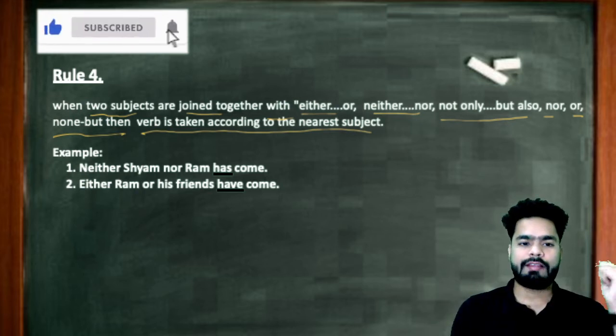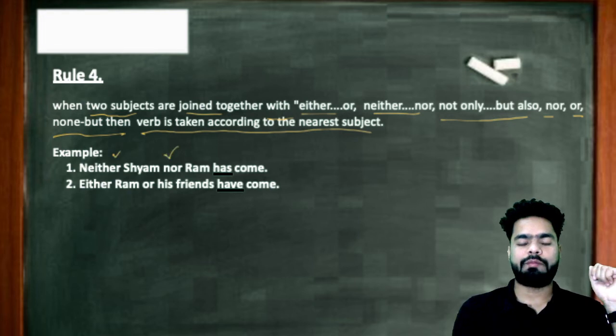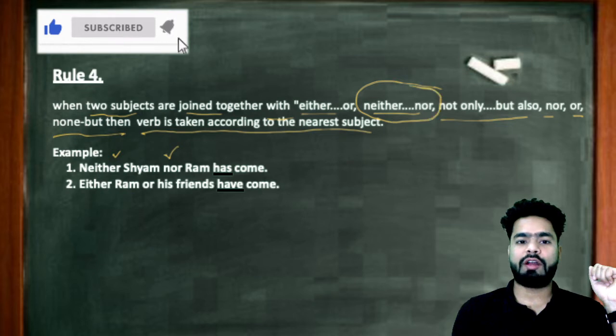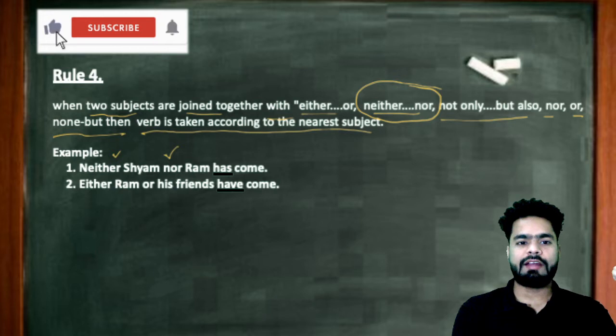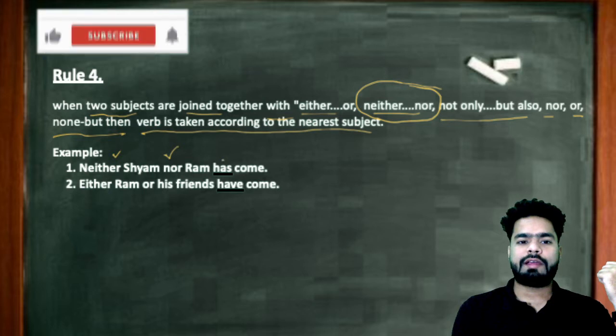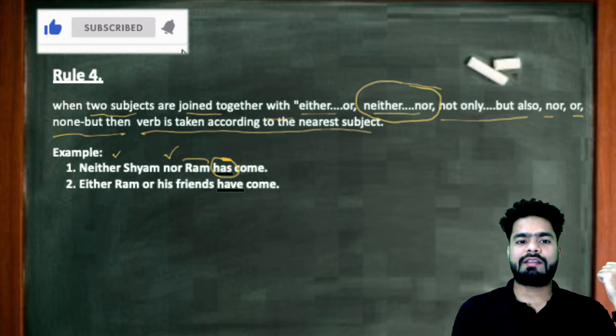How? Example: Neither Shyam nor Ram. Here we have seen neither nor. If neither nor is there, we have to treat according to the nearest subject. Neither Shyam nor Ram. Now the place of verb is here, and the nearest subject is Ram.